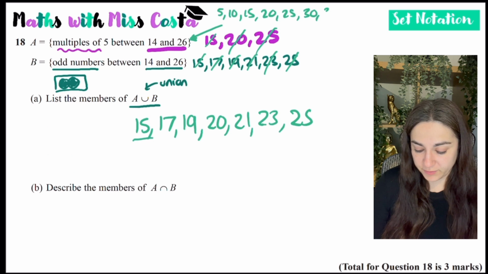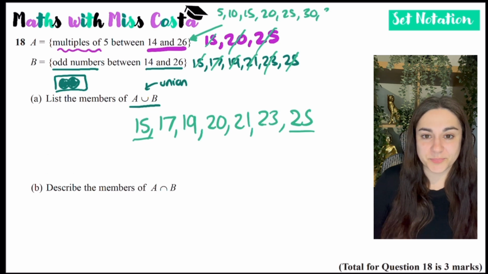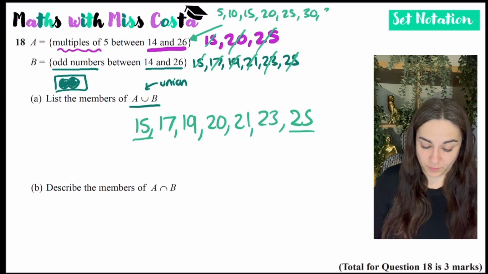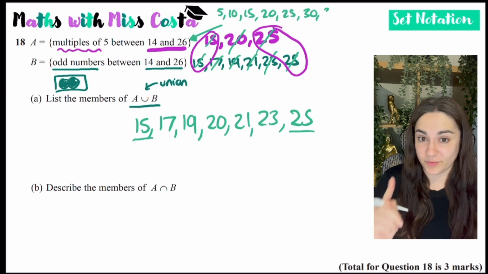So I only have to write 25 and 15 once, because there's no point in writing them twice. I don't want to double down on myself. So 15 appears in both of them, and 25 also appears in both of them. I only need to write that once.